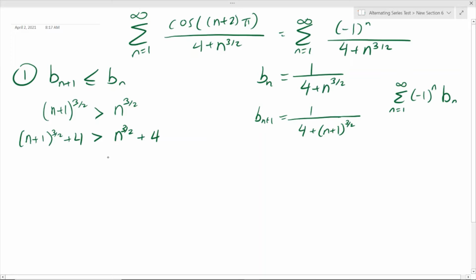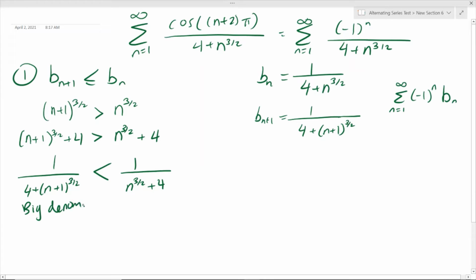If this is greater, then we can conclude that this is less than this one, because it's a bigger denominator in comparison to this denominator.